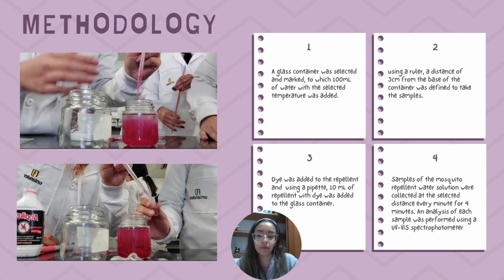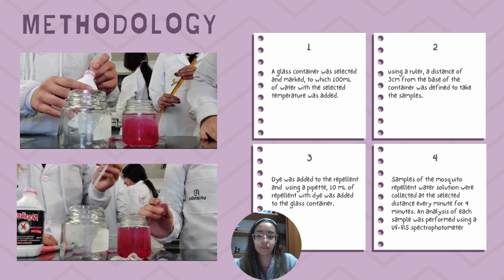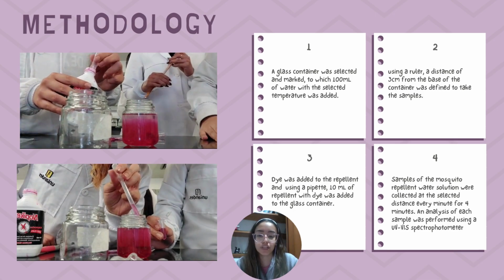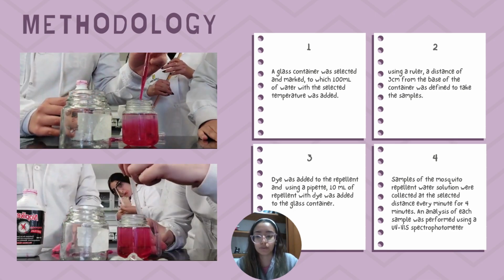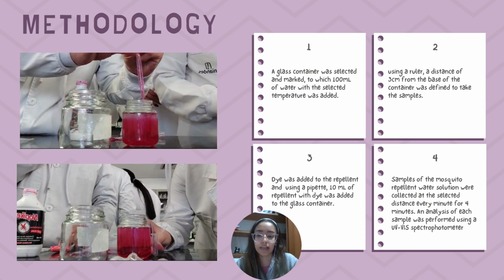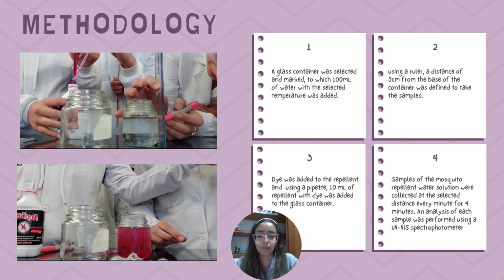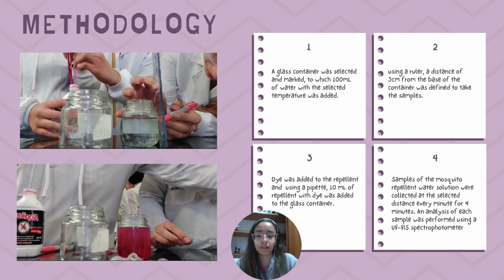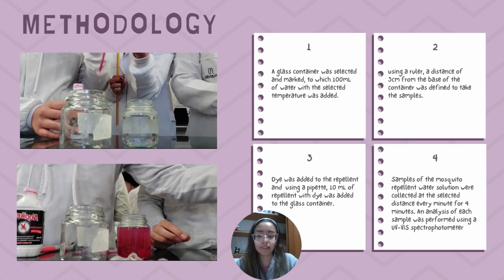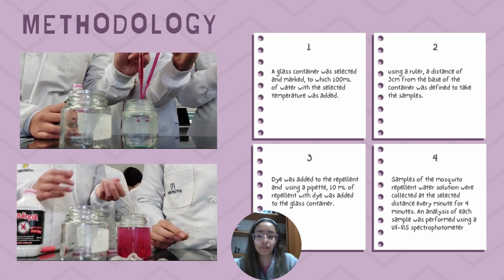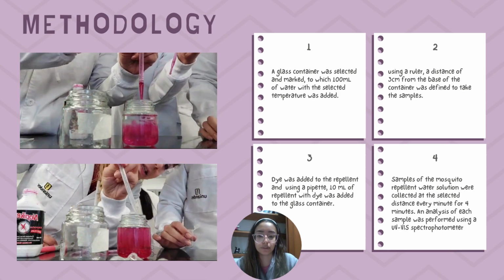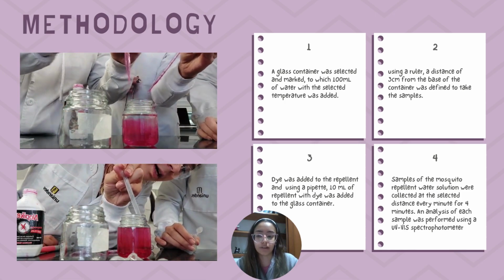Subsequently, using a ruler, a distance of 3 centimeters from the base of the container was defined to take the samples. Next, dye was added to the repellent. Continuing the process, using a pipette, 10 milliliters of repellent with dye was added to the glass container.